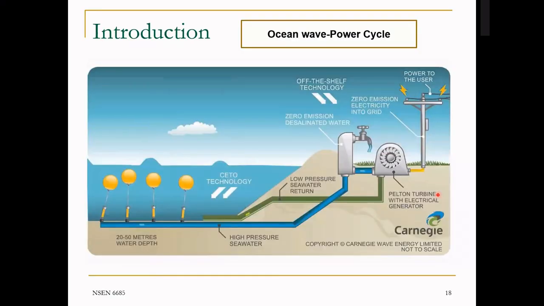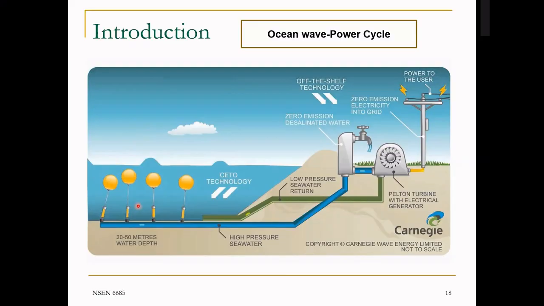Another example here is called the ocean wave power cycle. We realize that in the ocean, especially deep inside the water, there are waves, and these waves carry a lot of energy.